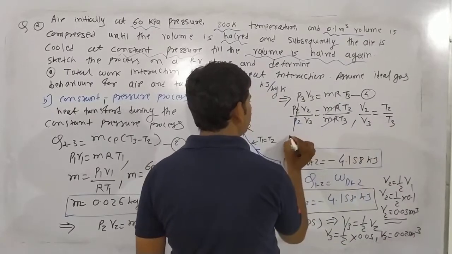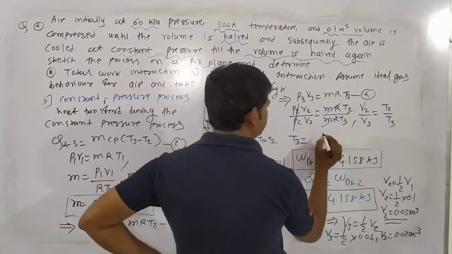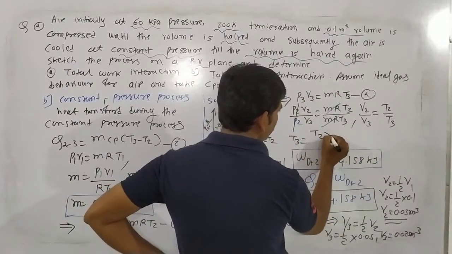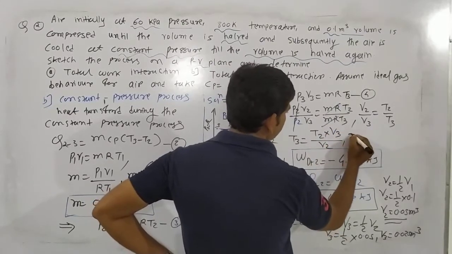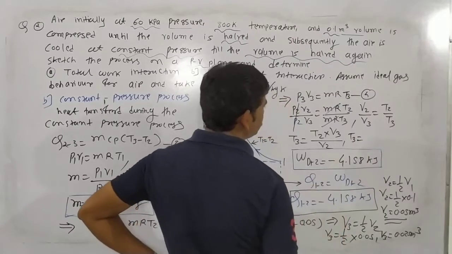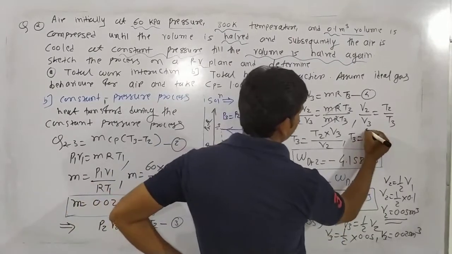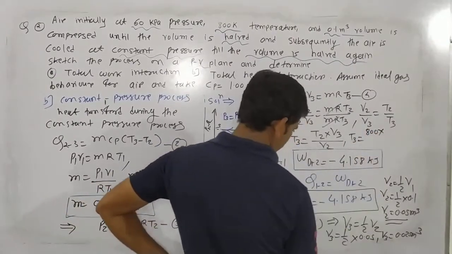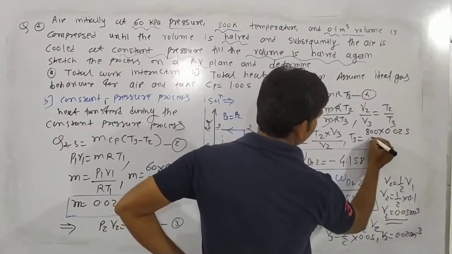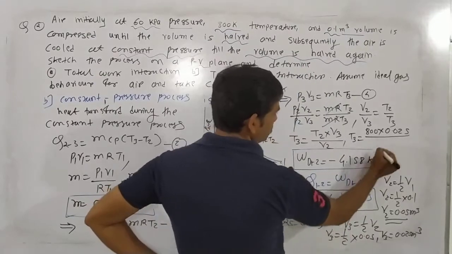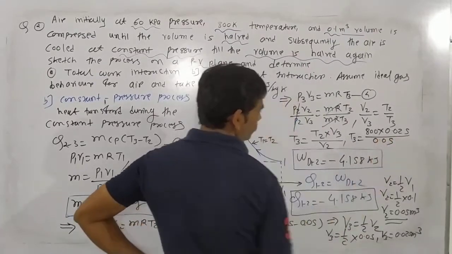We require the value of T3. So what is T3? T3 equals T2 into V3 upon V2. So just put the values. T2 is how much? 800 kelvins. V3 is how much? It is 0.025, divided by V1, which is 0.05.